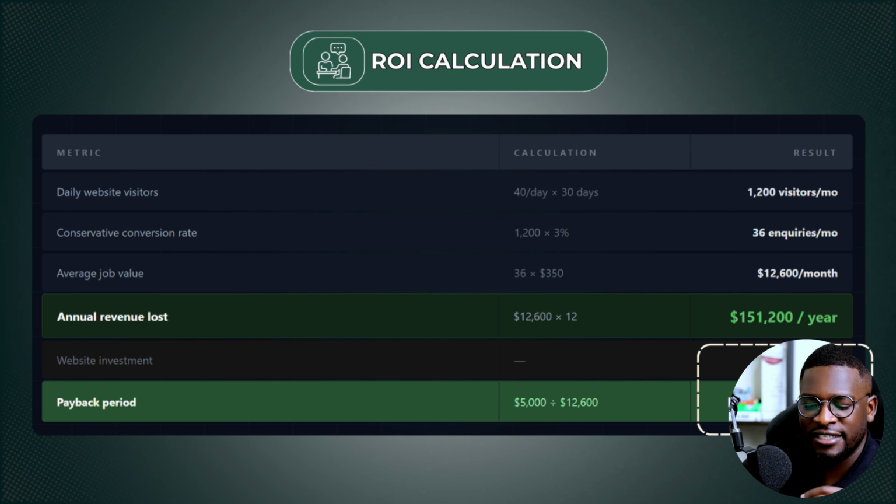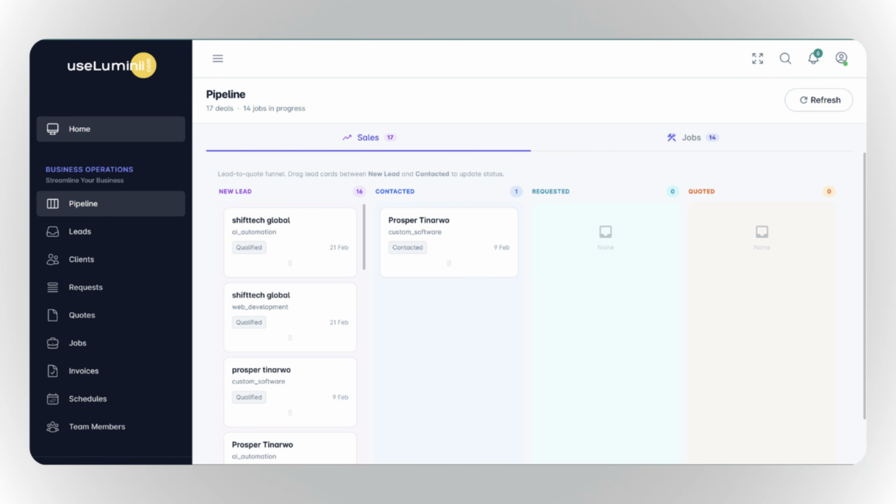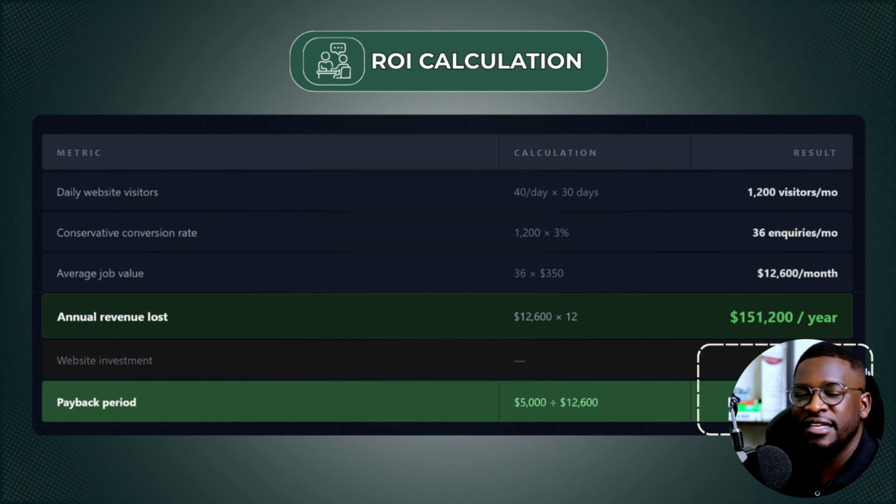And the solution that I offered them was a website connected to a CRM that would run the whole sales pipeline: getting your lead, qualifying the lead, sending a quotation, and doing automated follow-ups. When the client accepts the quotation, you convert it to a job.